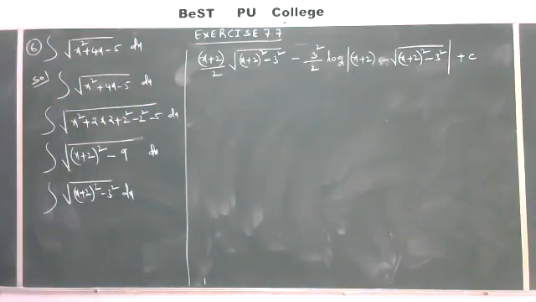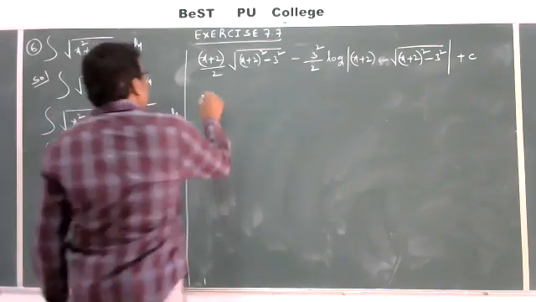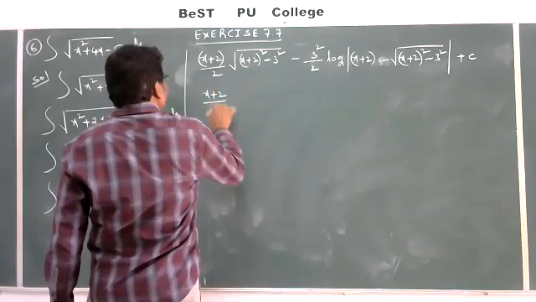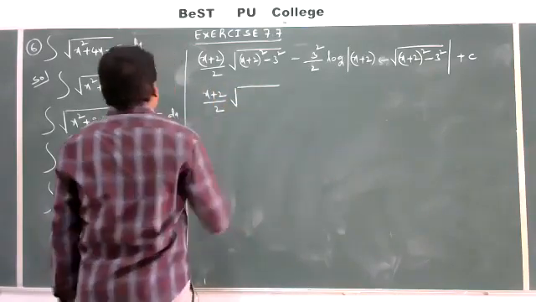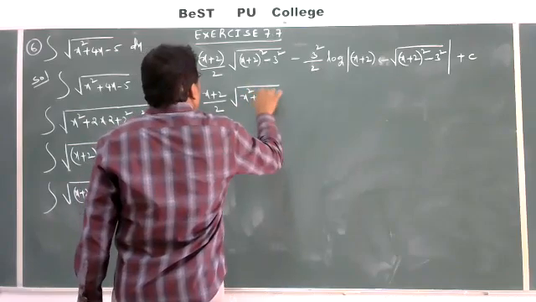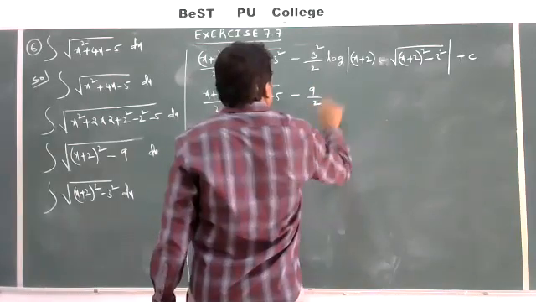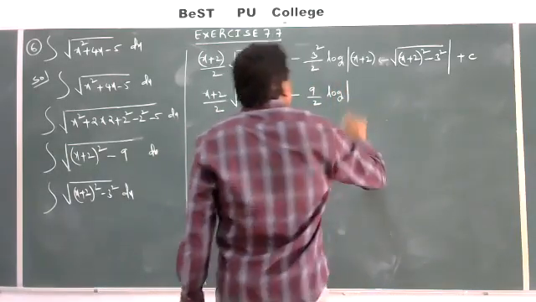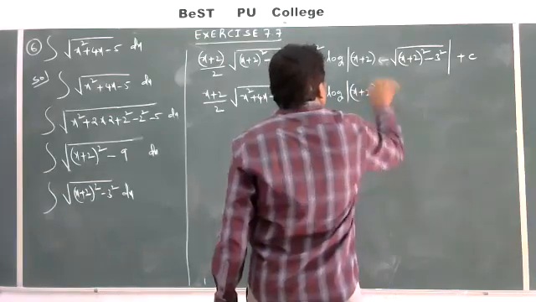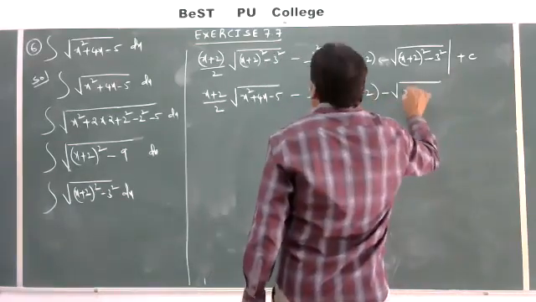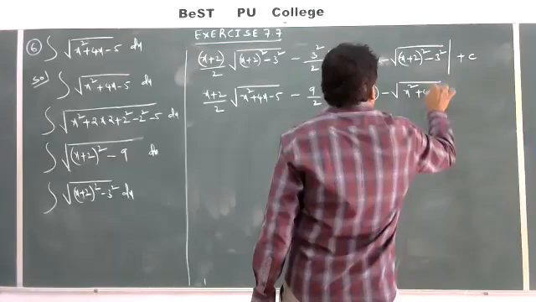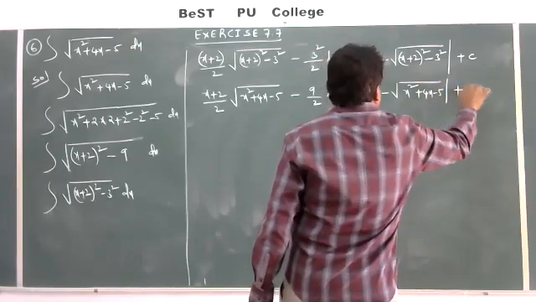That is x plus 2 by 2 into root of x square plus 4x minus 5, minus 9 by 2 into log mod x plus 2 minus root of x square plus 4x minus 5, plus c.